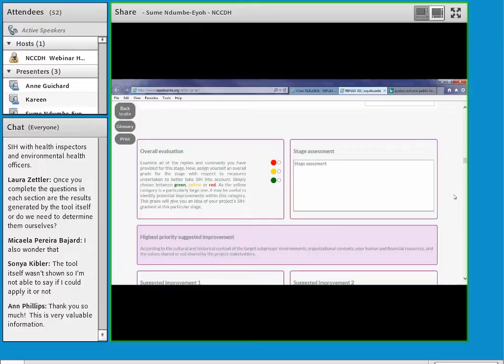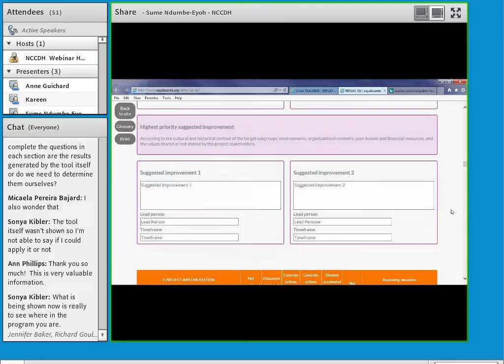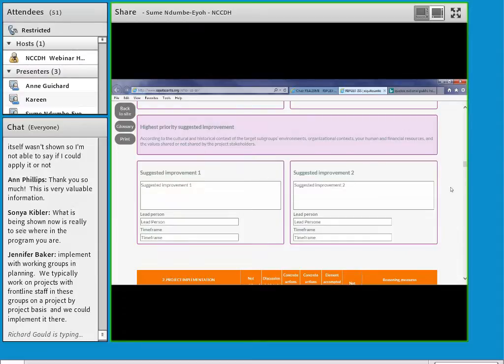It's not a note. So you can say, okay, we are good, we put ourselves in the green. Or, oh no, we have to do more, we have to engage something, and you put red, and then you can plan action, suggested improvements 1, 2. So the system does not generate a note, a mark.